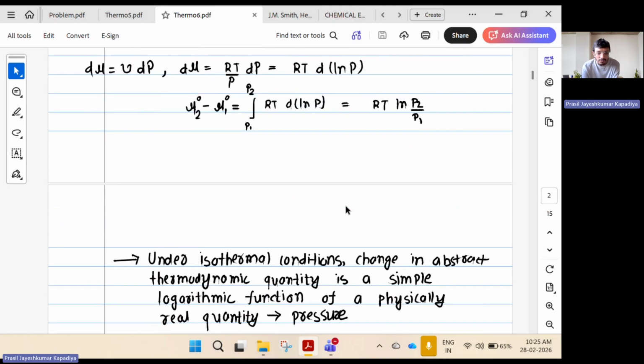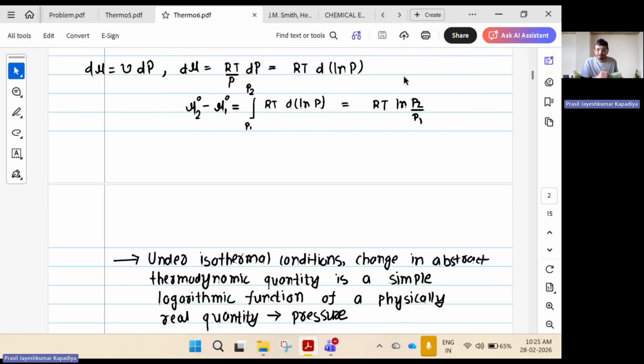Okay, so what we did under isothermal conditions, when we are only dealing with the condition at constant temperature, the change in this abstract thermodynamic quantity is a simple logarithmic function of a physically real quantity, that is pressure.